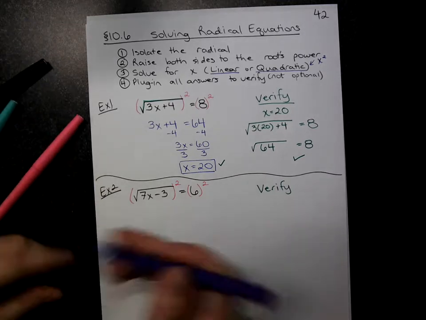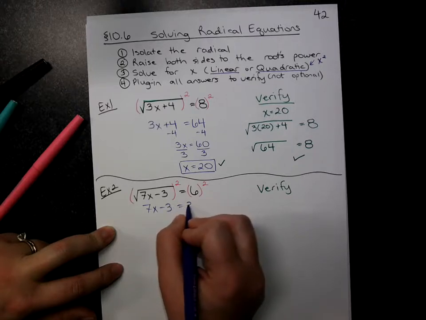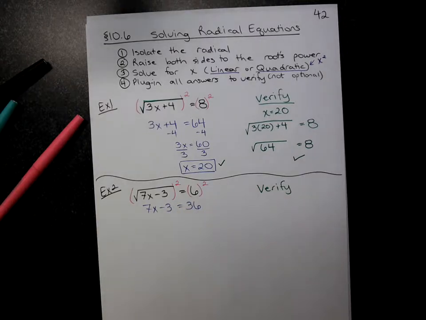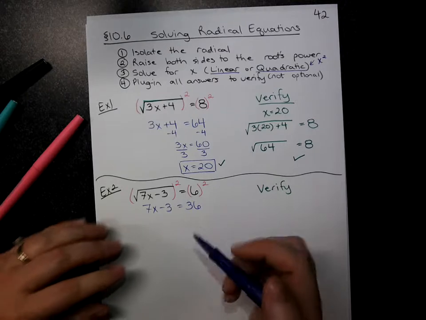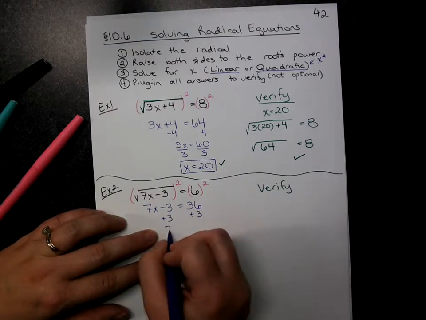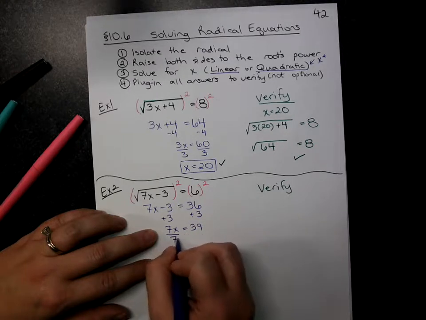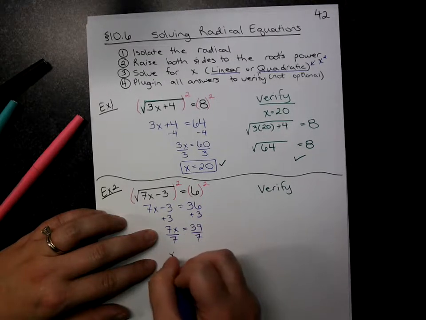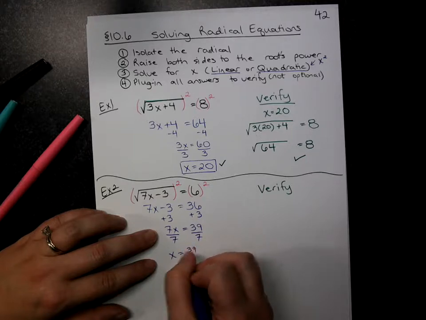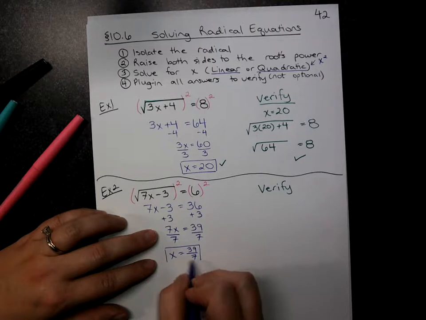That leaves me with 7x minus 3 equals 36. Then I'm going to add 3 to both sides. 7x equals 39. Divide by 7, and x equals 39 over 7, which is kind of an ugly answer, but we're going to have to work with it.